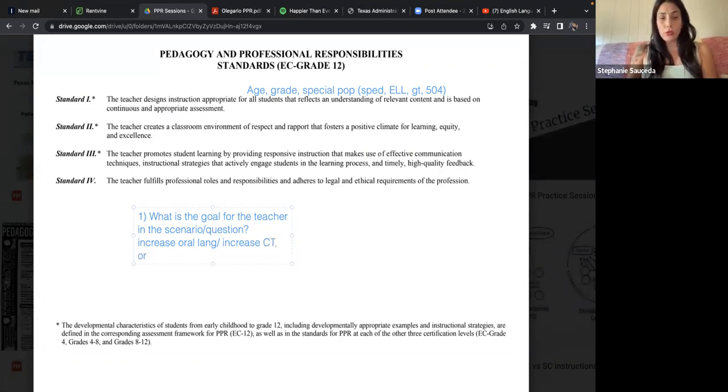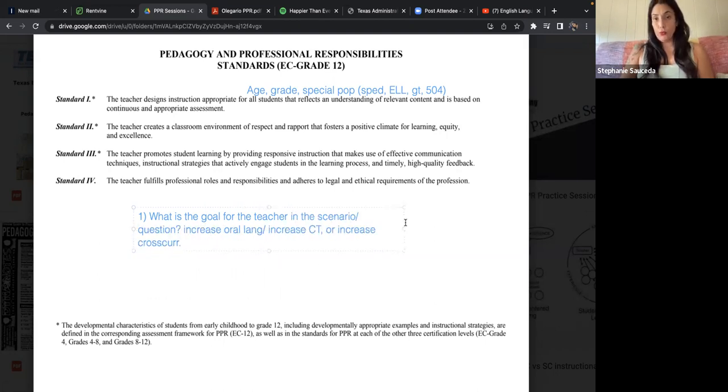Or to increase cross-curricular activities? What are they asking? What's the goal of the teacher? What is she trying to do in the scenario?